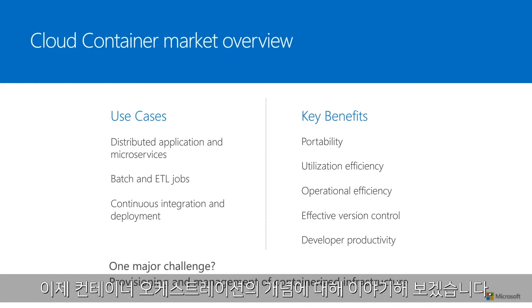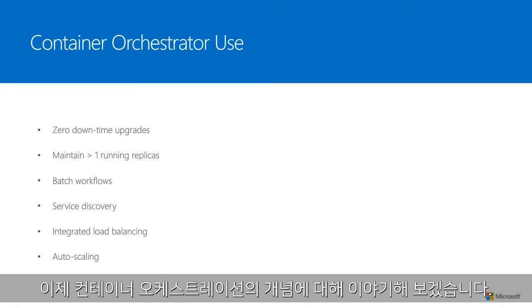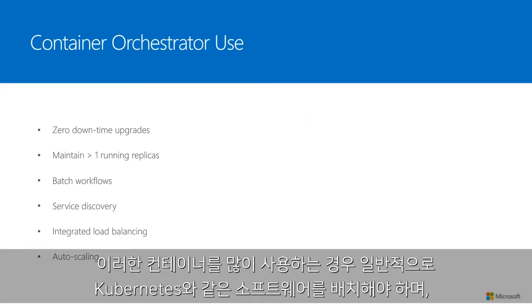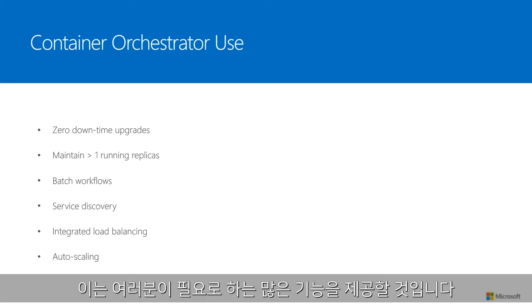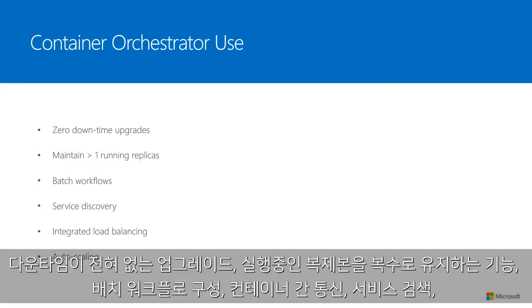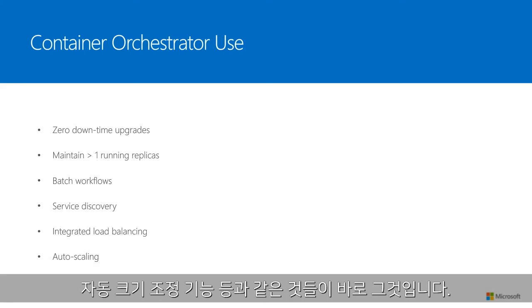Now, that brings us to the concept of container orchestration. When you have a lot of these containers, you often need to lay down some software, typically something like Kubernetes, that's going to give you a lot of required features: things like zero downtime upgrades, maintaining more than one running replica of a container, constructing batch workflows, or even things like container-to-container communication, service discovery, and auto-scaling.